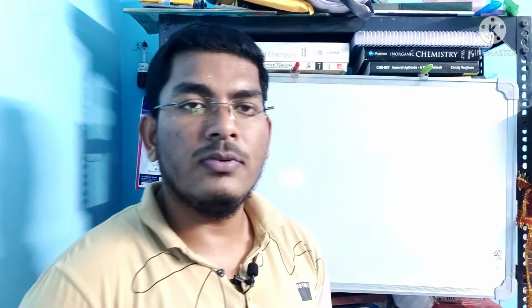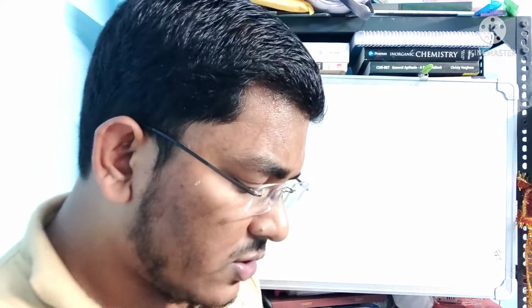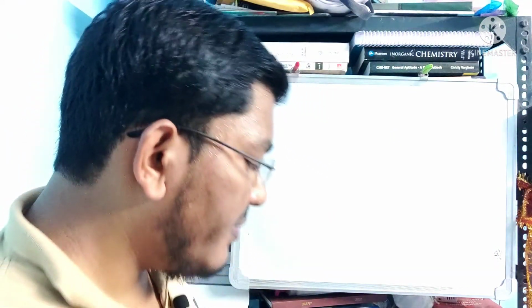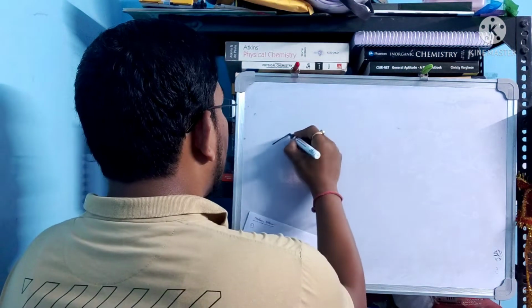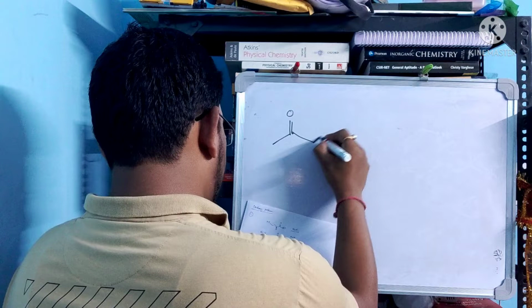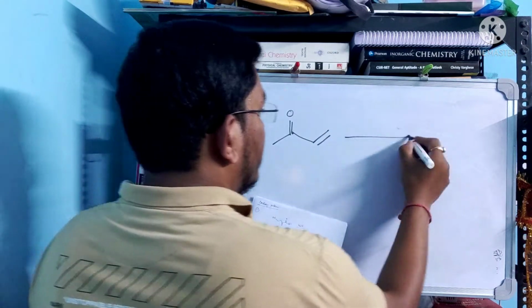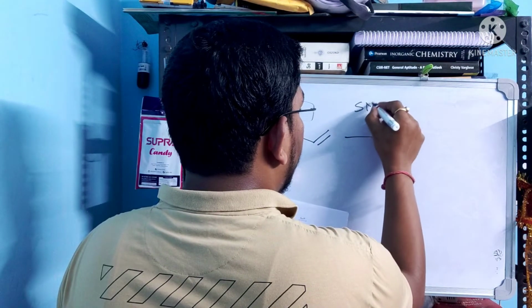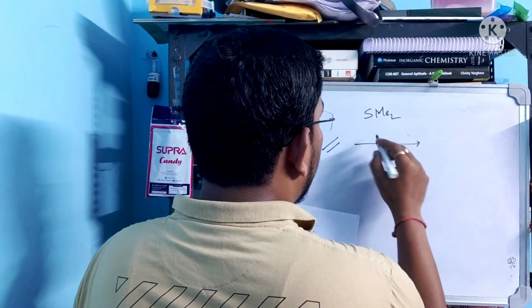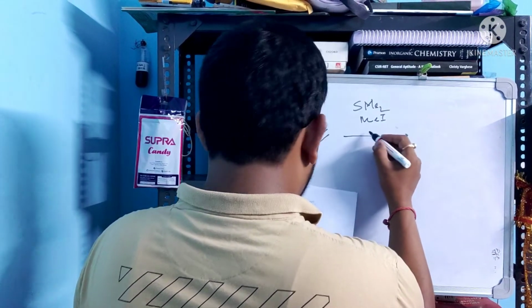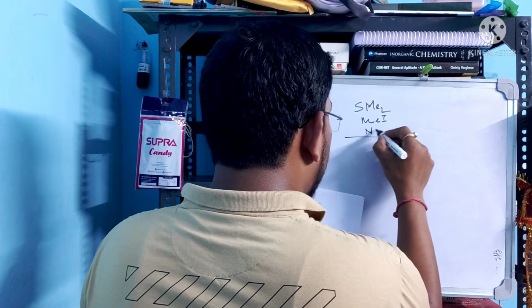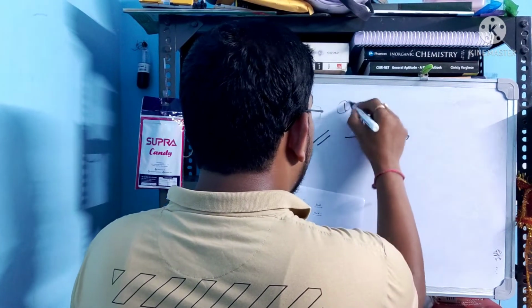Now you can solve problems from previous year questions of CSIR NET and GATE, and I am giving you just one homework for this. Okay, let's do this. Me2, methyl iodide with a base, sodium hydride.